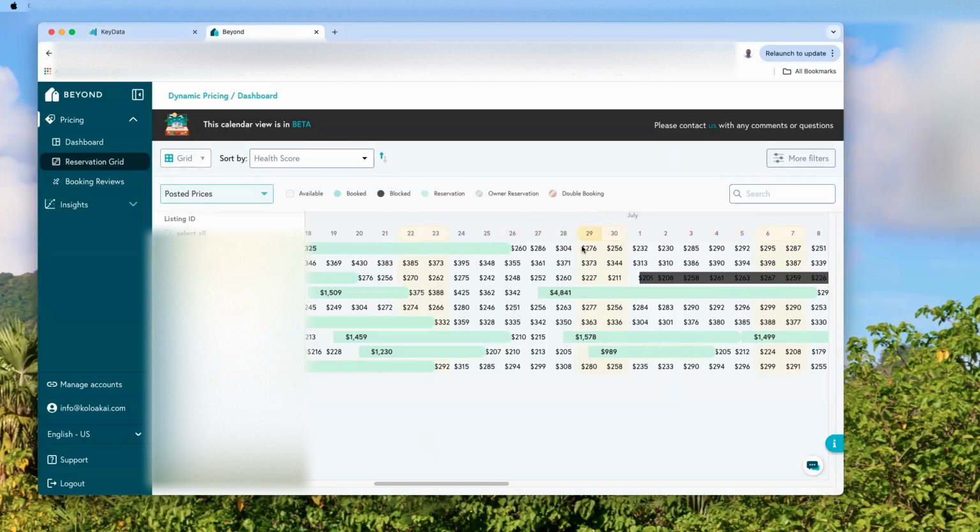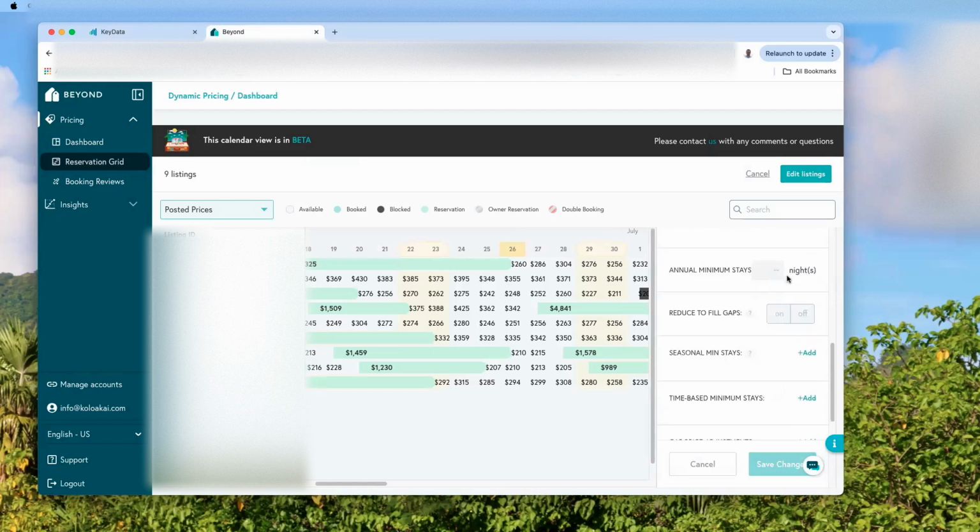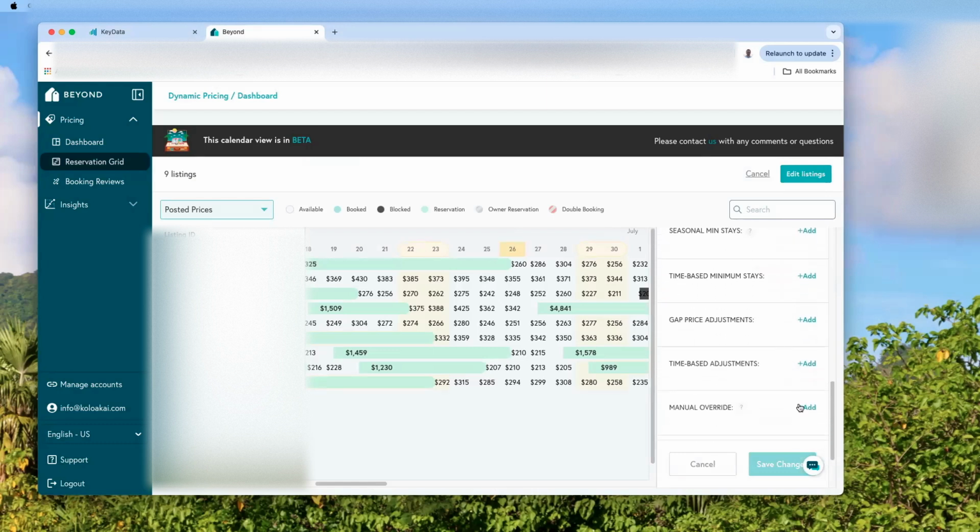And basically what we're doing when we're scanning this field here is we're looking for outliers. We're looking for something that just doesn't make sense. We're looking for something that seems like there's a massively large problem with what the rates are. And if we don't see any specific outliers, then what we can do is we can select all of these, and then we can edit those listings and do a time-based manual override.